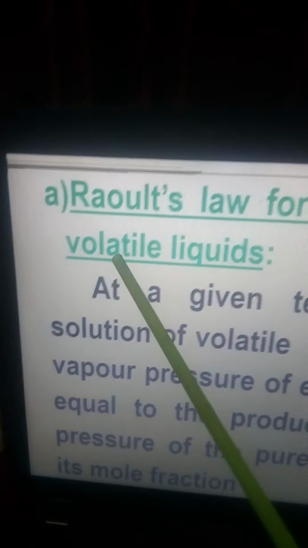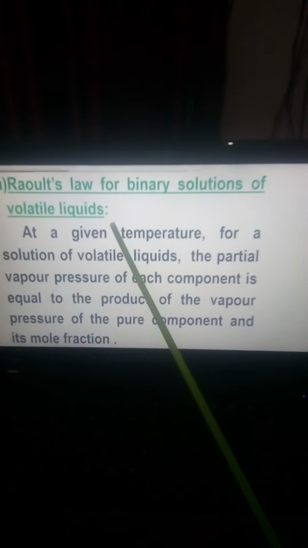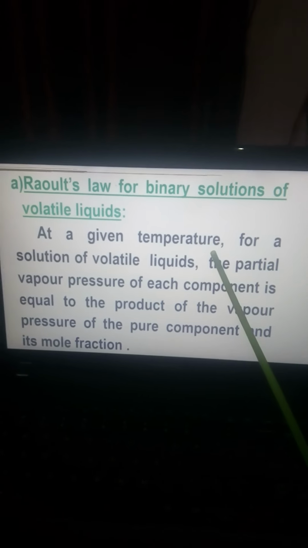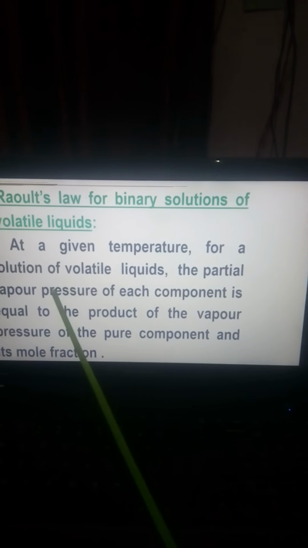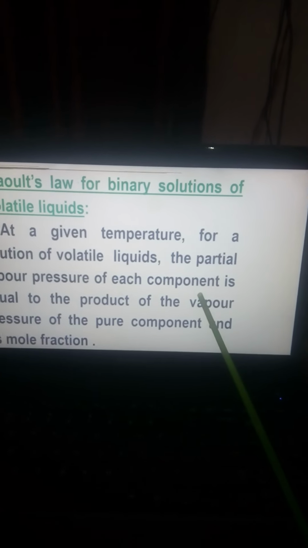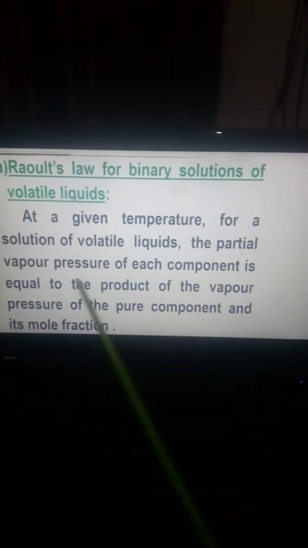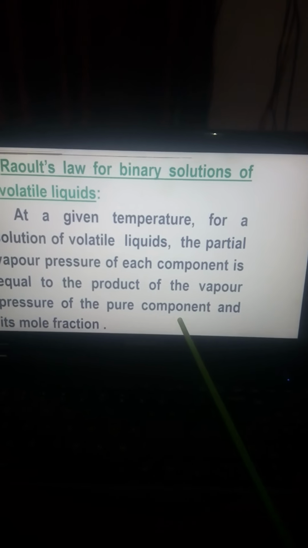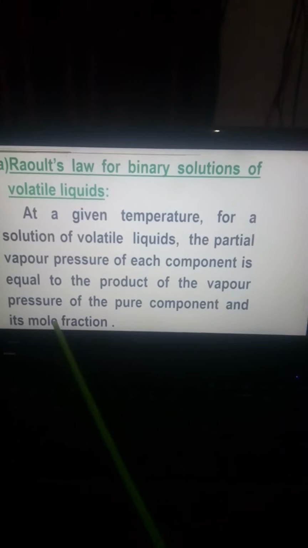First, we will consider Raoult's law for a binary solution of volatile liquids, meaning both the solute and solvent are volatile here. In this case, at a given temperature for a solution of volatile liquids, the partial vapor pressure of each component is equal to the product of the vapor pressure of the pure component and its mole fraction.